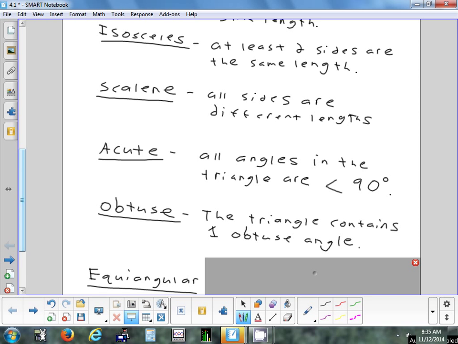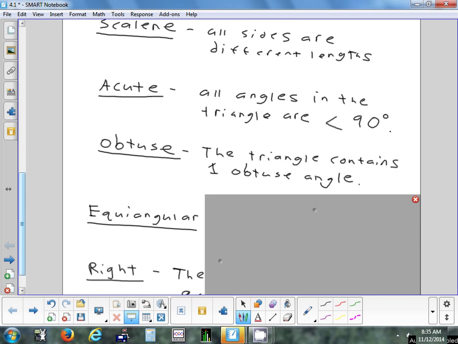How about equiangular? If you know what equilateral means, then equiangular is very similar. Alyssa, what do you think equiangular means? Break that down.